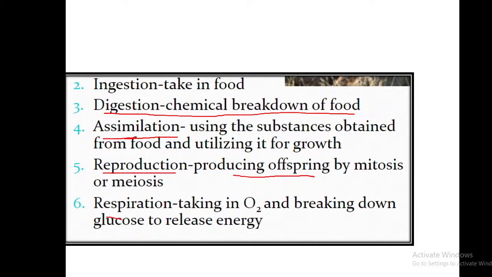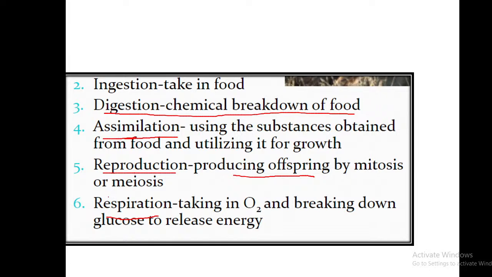Now respiration. Respiration means taking in oxygen and breaking down the glucose to release energy. Aerobic oxidation എന്ന് പറയും. സ്കൂളിൽ പഠിച്ചിട്ടുണ്ടാകും, ഇനി നമുക്ക് പഠിക്കാനുണ്ട് ഫിസിയോളജിയിൽ റെസ്പിറേഷൻ.